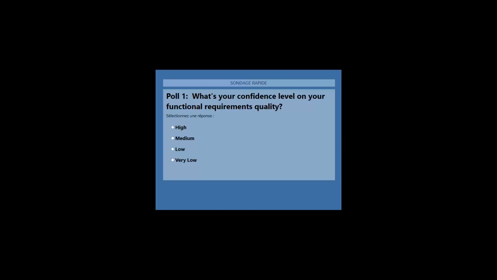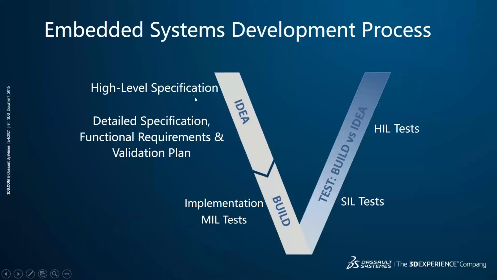So first, about the context, what are the challenges that we address? You can identify the early phases of embedded systems with two slightly different steps. The first step is at a pretty high level. With a complex system, you can't afford to get into every detail immediately.